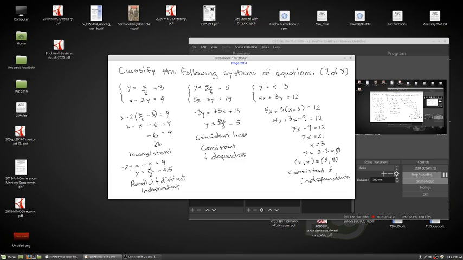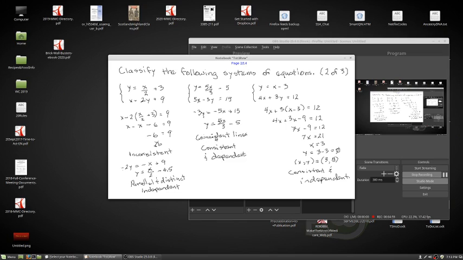And we get that minus 3y is equal to, bringing that 5x to the other side, to the right, it becomes minus 5x plus 15. Divide through by the negative 3, we get y is equal to 5x over 3 minus 5. And that's the same as our first equation.